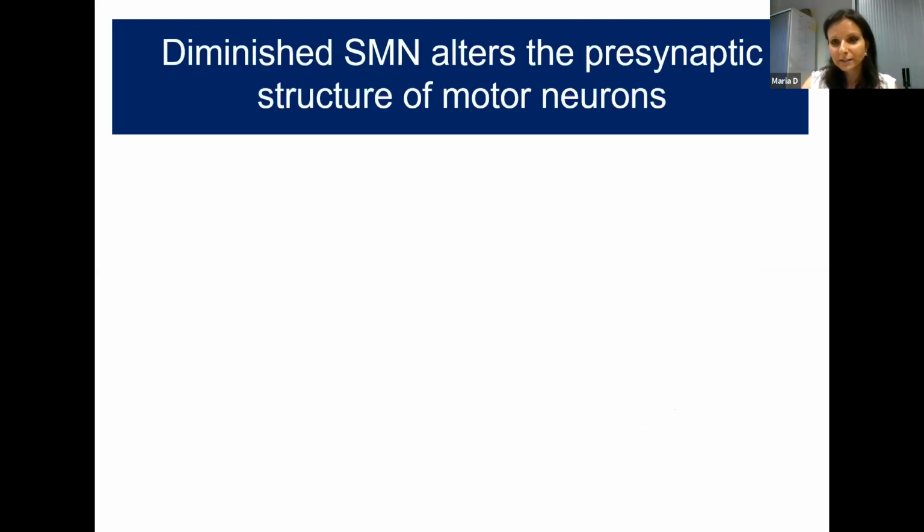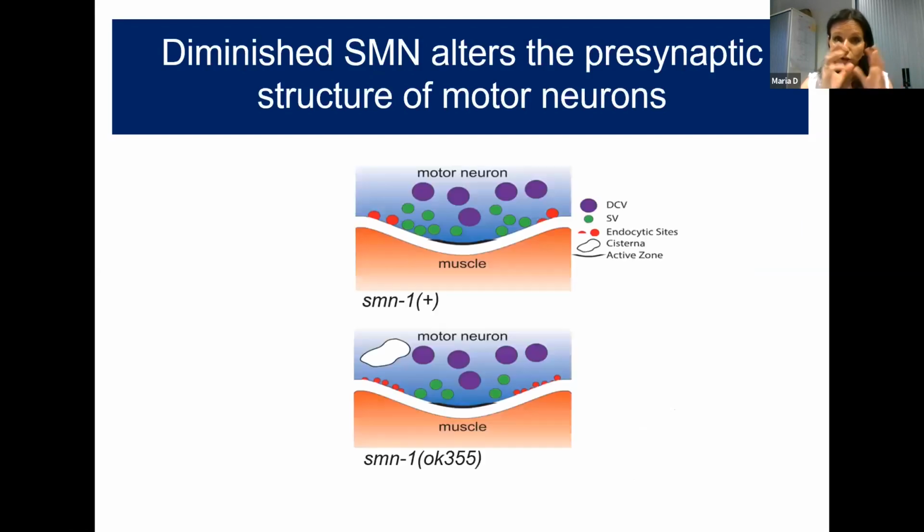So to cut a long story short, yes, we've done all these experiments in the worm, in the C. elegans SMA model, and we found out when the levels of SMN drop in the C. elegans animal, then the presynaptic structure of these proteins actually is being highly affected. So that was very exciting for us, because this is something that was originally suggested by unbiased genetic screens.